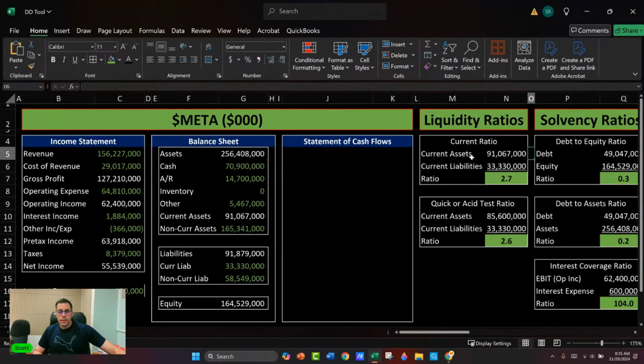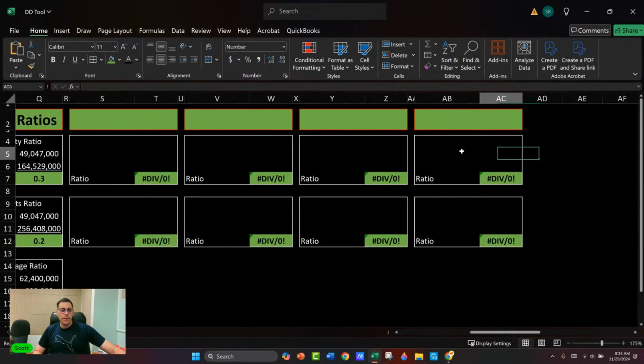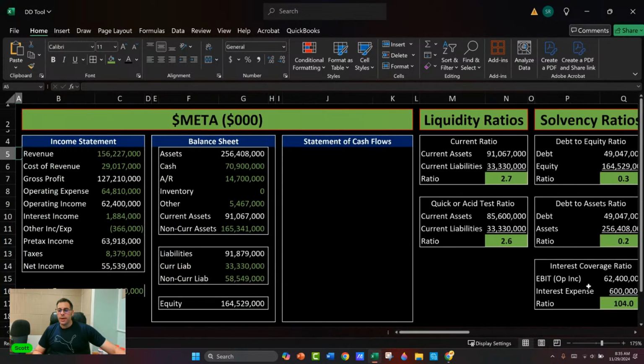Okay, so I want to finish this while I'm live, but currently I have 5 ratios set up. So these are calculated. So you don't have to touch anything.